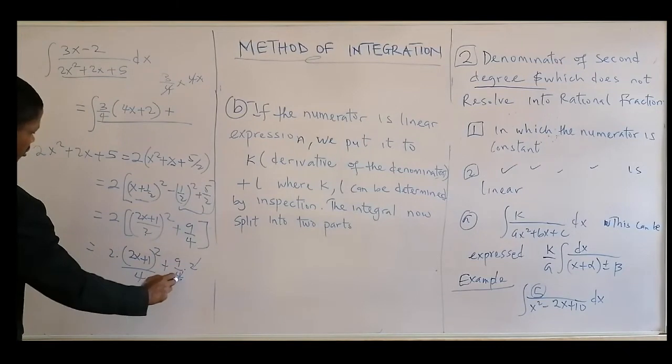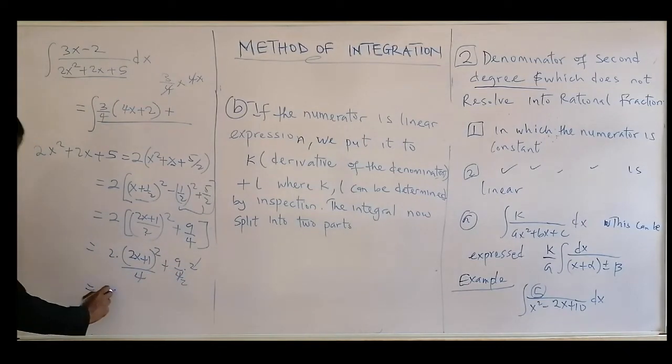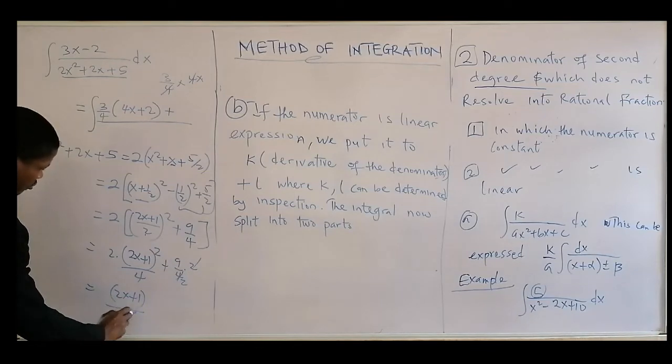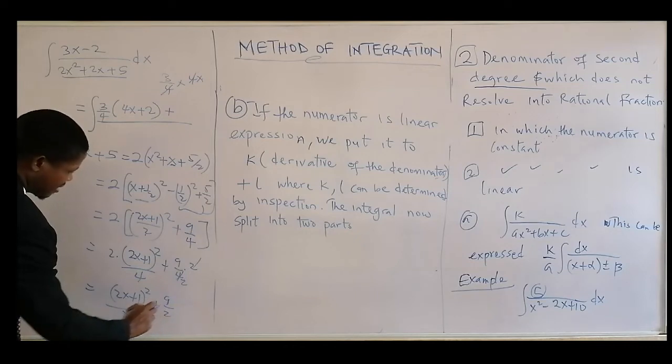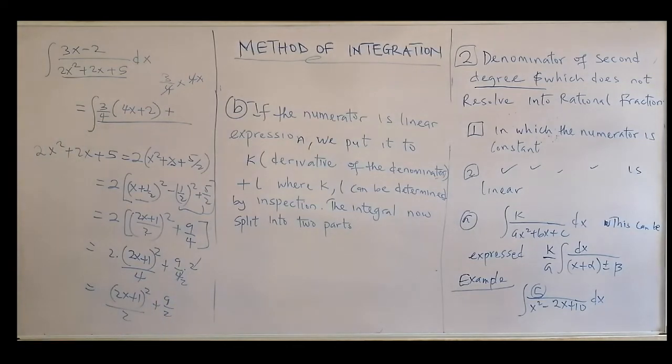So 2 here, 1, 2 here, 2. So I'm having 2x plus 1 over 2, squared, plus 9 over 2. So that's what that one will give me. Okay. Then we will come back here.